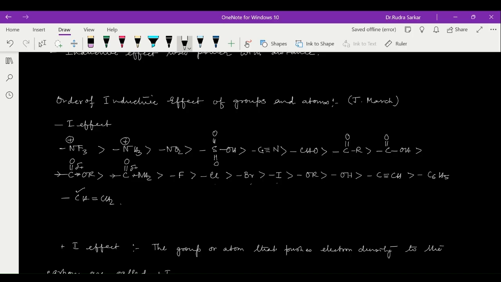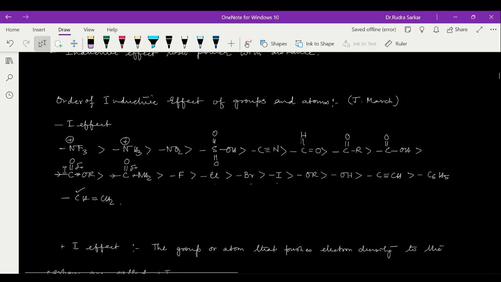What about this guy? This guy is sp2. This is sp. This is also sp2, but it has an R, so it is donating some electron. That's why it is less electron withdrawing. Understood?